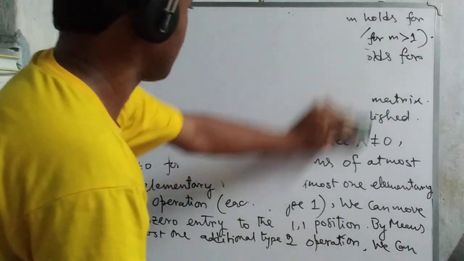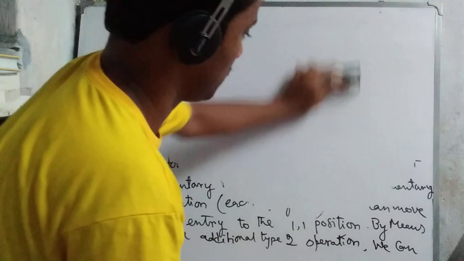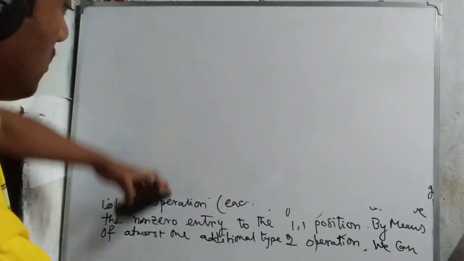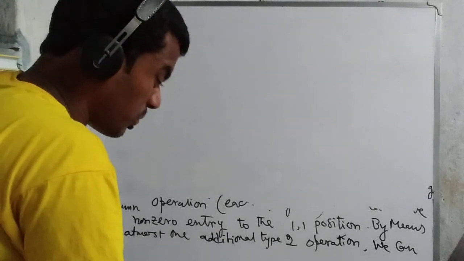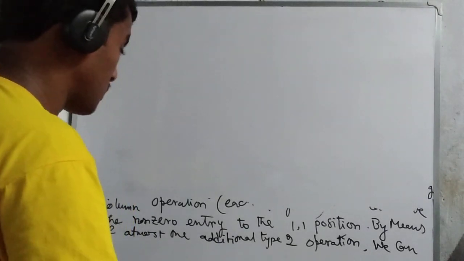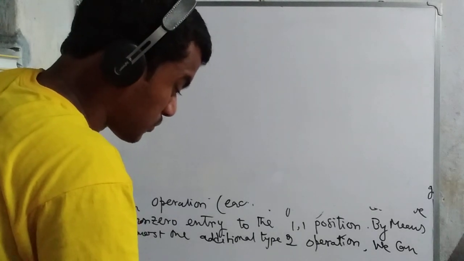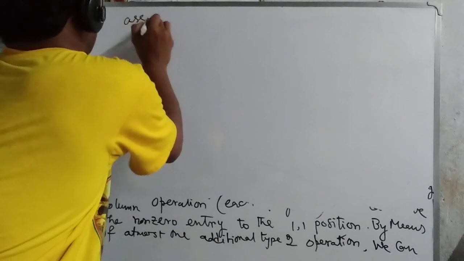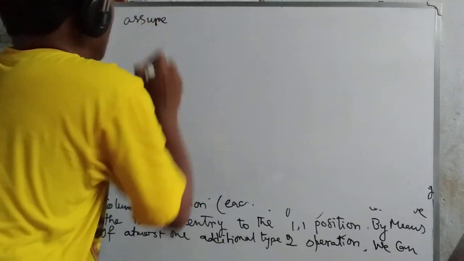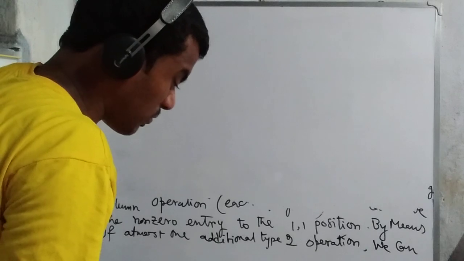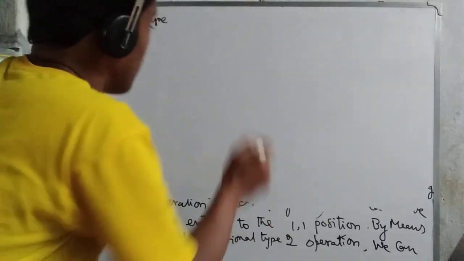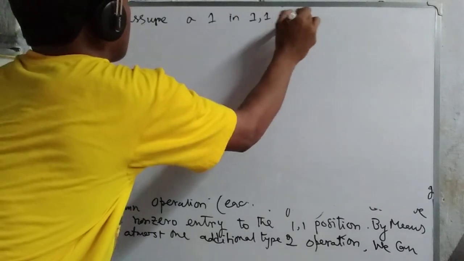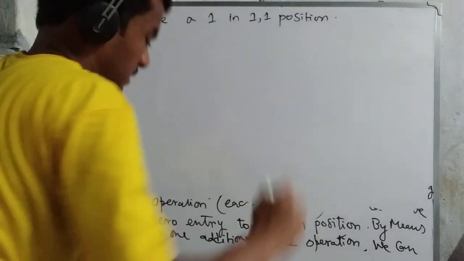Okay, then we can assure, with additional type 2 operations, a 1 in the 1 1 position. Then what happened?